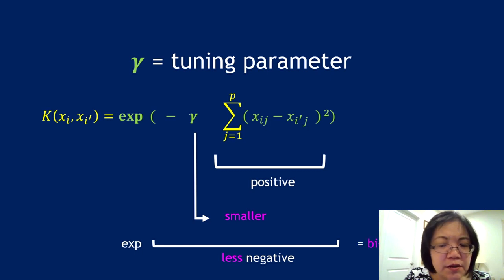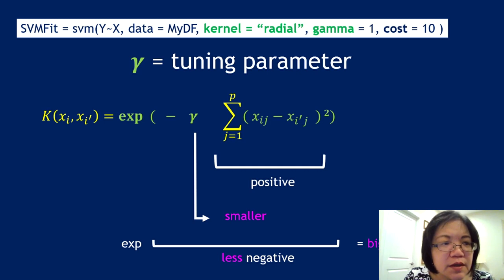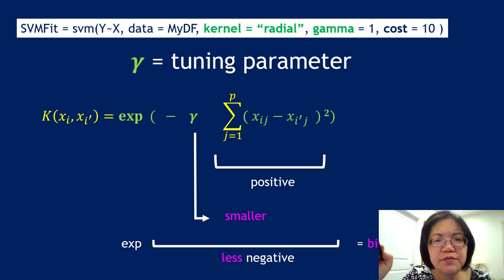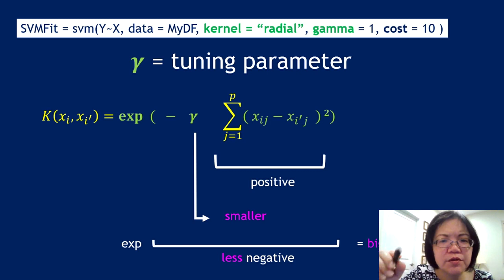With the exponent, you will get a bigger kernel. In the SVM command in R, you can specify gamma simply as a parameter, so that's very convenient. The gamma parameter is only available for the radial kernel. So these two have to go together.